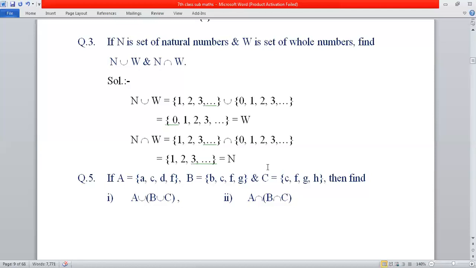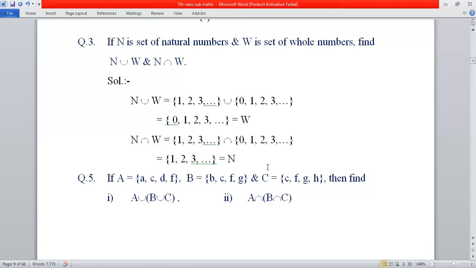Prime numbers are those numbers which are divisible only by 1 and by itself, that is 2, 3, 5, 7, 11, 13, 19, 23, and so on. And composite numbers are those numbers which are divisible by more than two numbers, meaning more than 1 and itself. Just like 4, 6, 8, 9, 10, 12, all these are composite numbers.